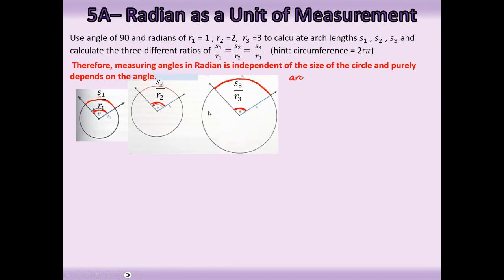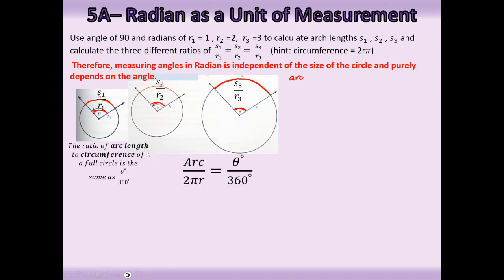So let's look at the ratio of the angle to the total angle around the circle, and the arc length. The ratio of the arc length to the circumference of the circle is exactly the same as the angle divided by 360, because we have 360 in a full turn, right?